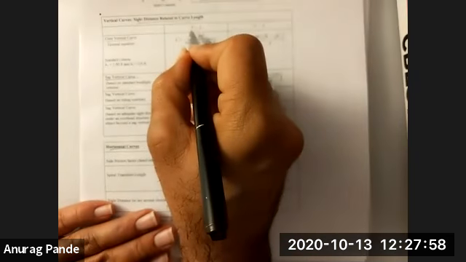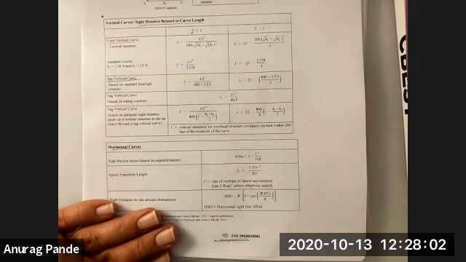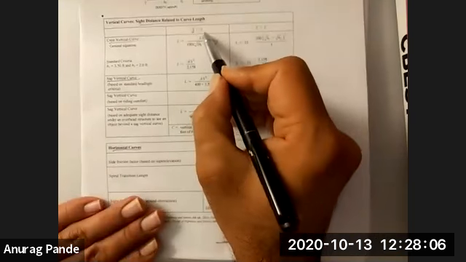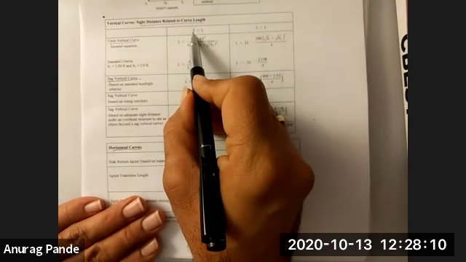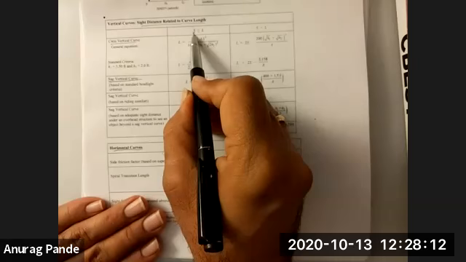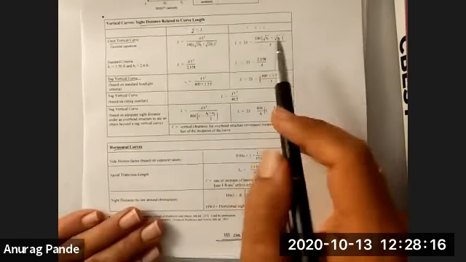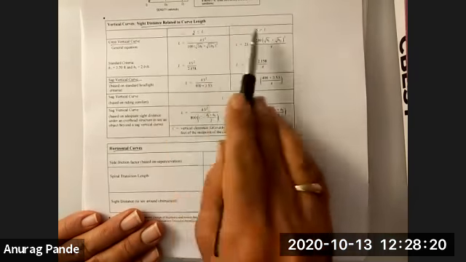S is the side distance value, and all the formulas depend upon it. L is the length of the curve. There are two different scenarios: where S is less than or equal to L, or where S is greater than L.